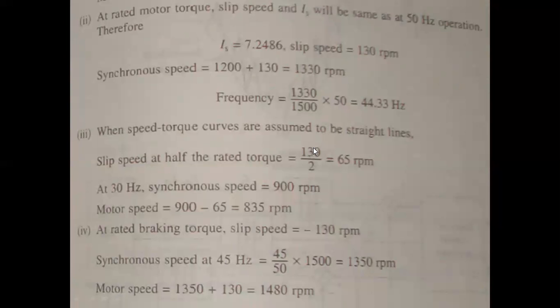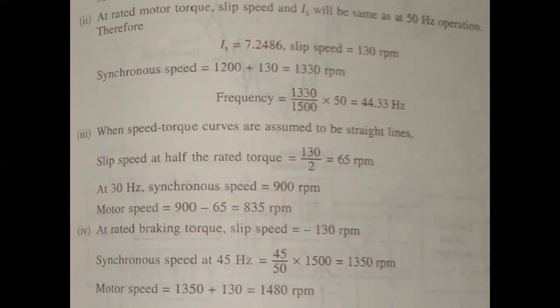Okay, so third bit, the speed torque curves are assumed to be straight lines, right? So slip speed at half the rated torque is nothing but half the slip speed. Slip speed at motor rated torque is 130, and at half the rated torque it is 130 divided by 2, that is 65.